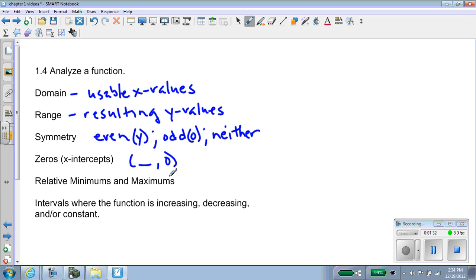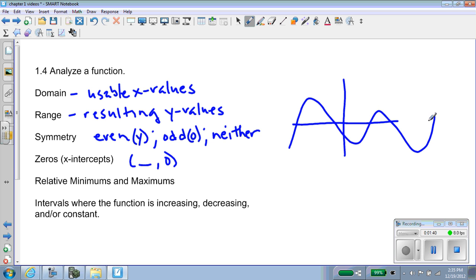Relative minimums and maximums. So let me draw a little picture. This particular function has some peaks and some valleys. That's what we're looking for with minimums and maximums. They are points where the graph either hits a peak or a valley.